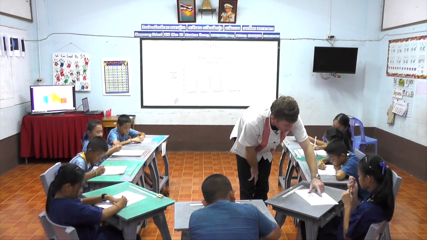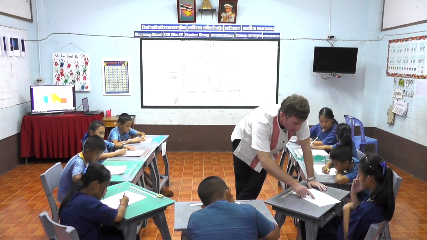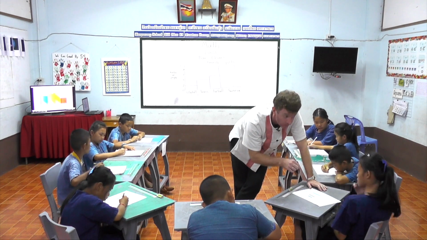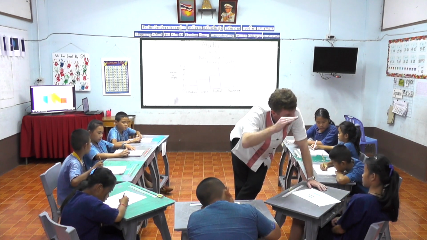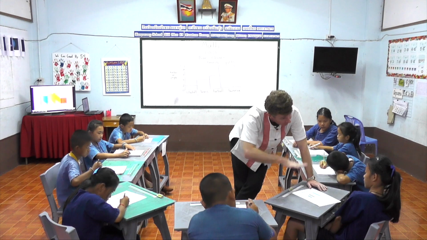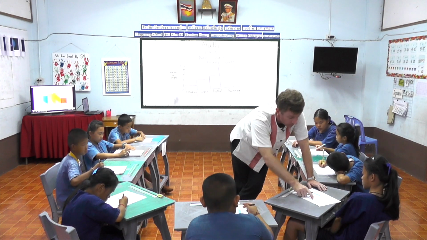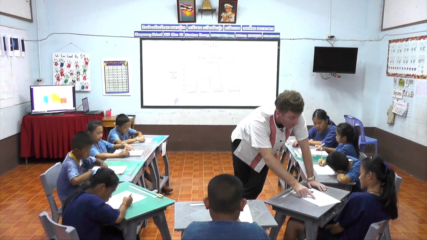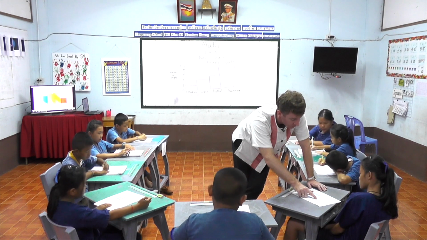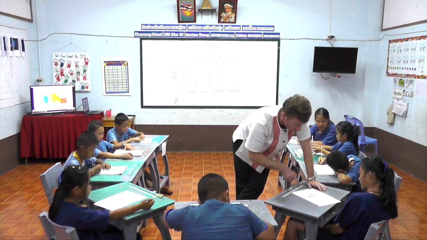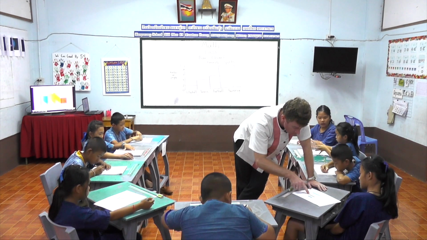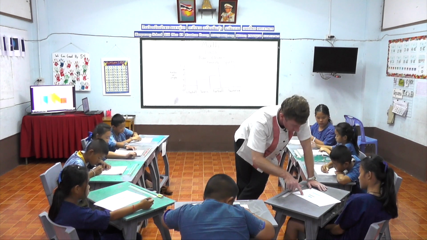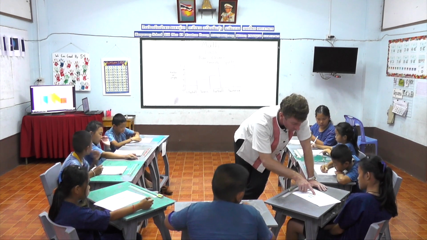5 cars is correct. So how many more elephants? When it says more, we need to take the big number and subtract the little number. So how many more elephants than ducks were sold? So find elephant. How many elephants? 7. Duck. How many ducks? 3.